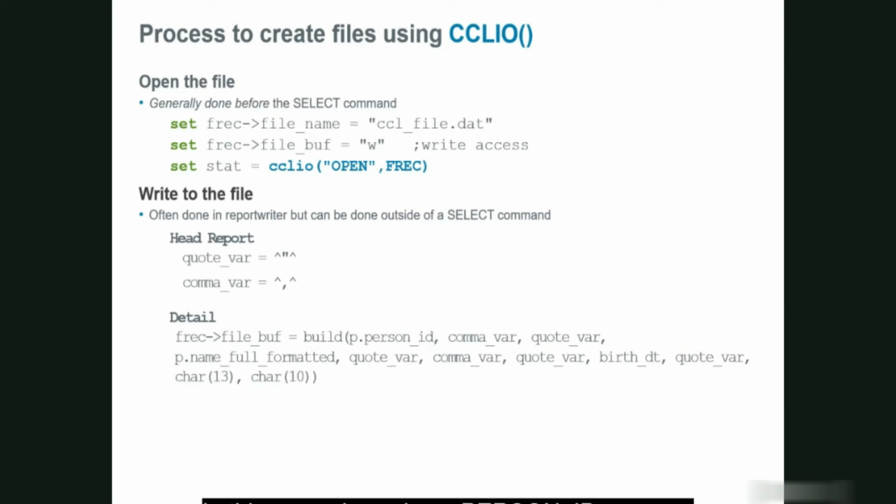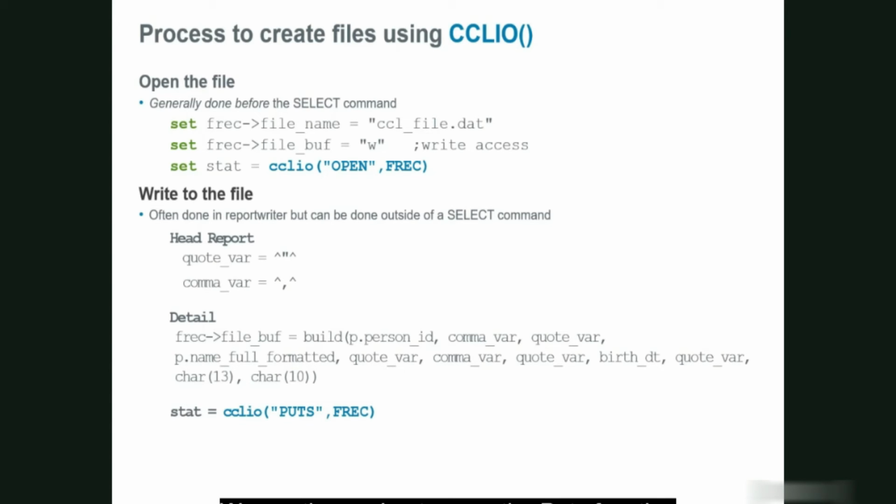In this example, we have person ID, comma, quote, nameful formatted, quote, comma, quote, birth date, quote, then char 13 and char 10 to add a carriage return and a line feed to the end of this line. Concatenating these fields together creates a line that has double quotes wrapped around the nameful formatted and birth date fields, and then place a comma between each field.